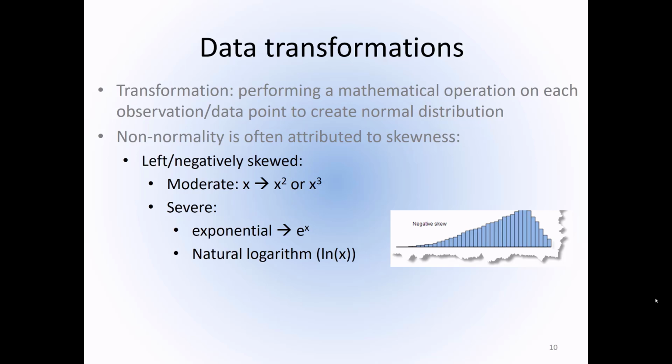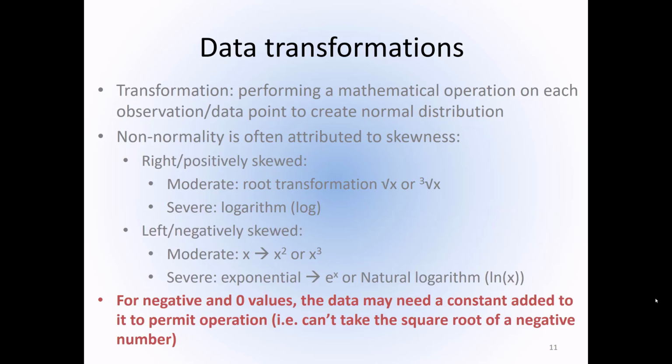On the other end, if our data is negatively skewed or skewed to the left, but it's only moderately skewed, well then we may want to square or cube our data. But if it's severely skewed to the left or severely negatively skewed, well then using an exponential or natural logarithm is going to be the most appropriate way in which to transform our data.